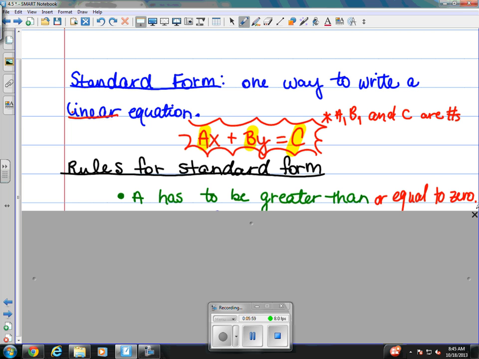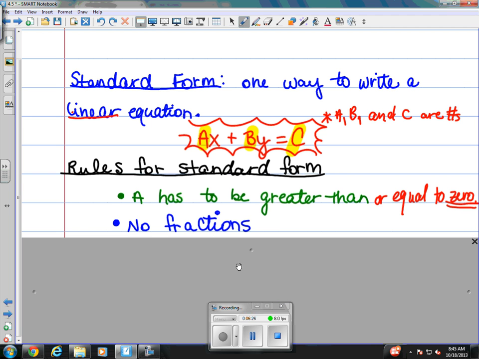So A has to be greater than or equal to 0. So if you think about A being greater than 0, that means it cannot be a negative number. A must be positive. So A must be a positive number. It has to be greater than or equal to 0, so that means it can be 0, which means it's hidden. But it just can't be a negative number.